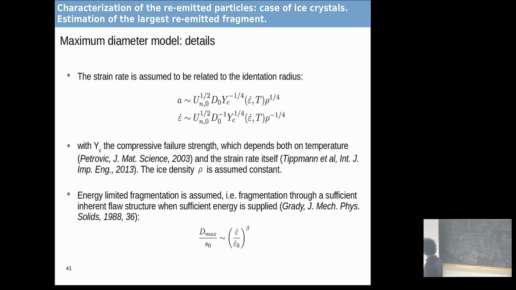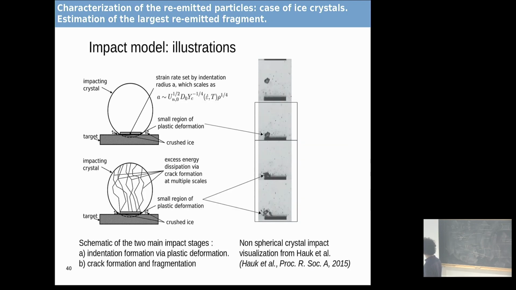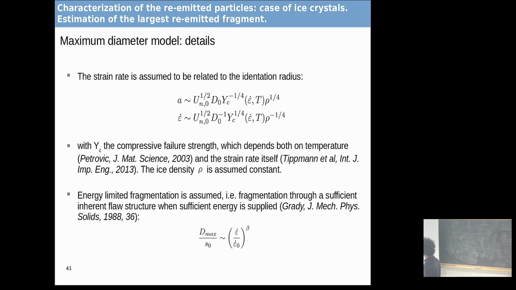So here is the indentation radius a after the impact, and here is the strain rate, which is obtained simply by the velocity u_n divided by a, giving ε̇, the strain rate inside the ice particle.